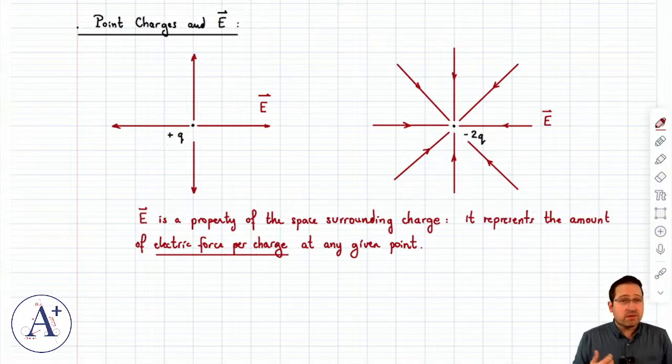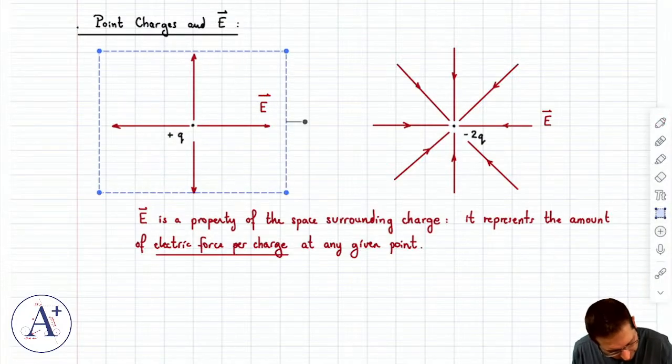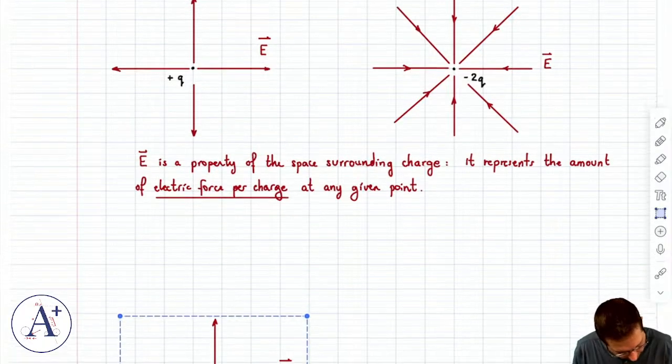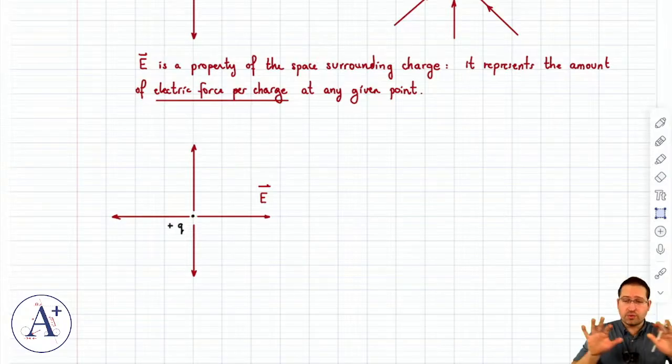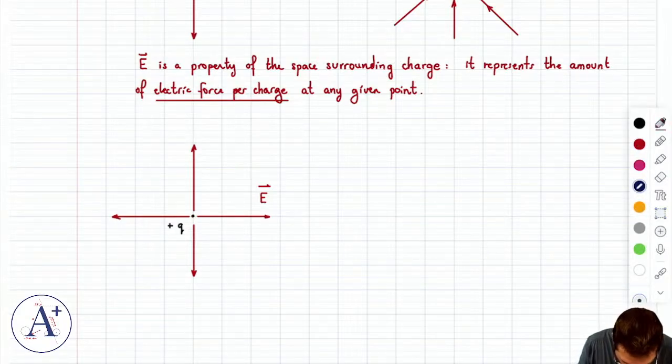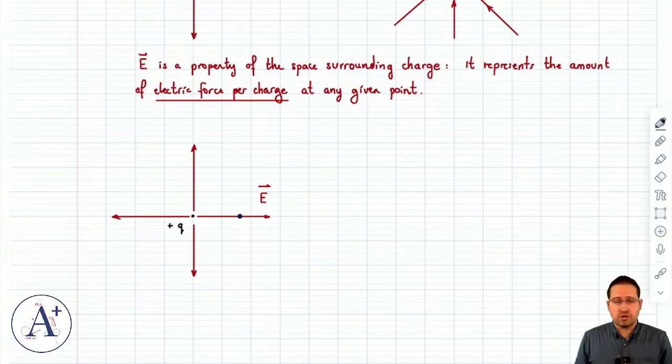So maybe a simpler way to say it is to say, well, let's say I take just this guy, and I make a copy here of this guy. I have the electric field that points away. And at any given point, what we're saying is that the electric field will point to the right, if I consider this point. That will be the amount of force per unit charge.